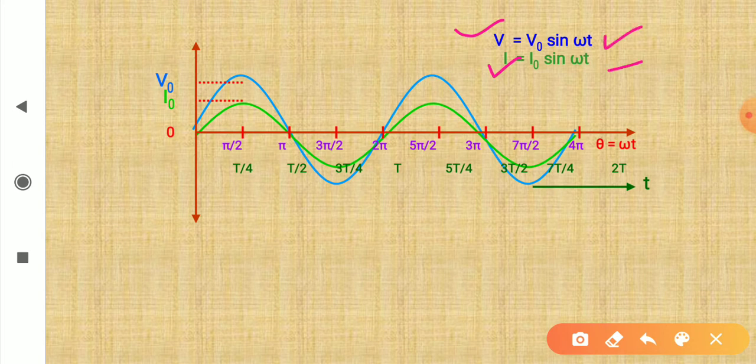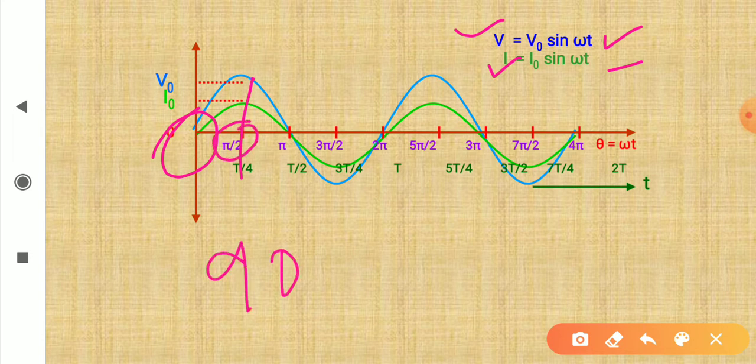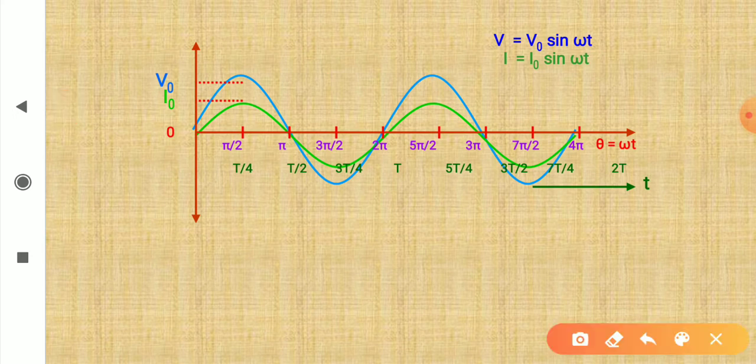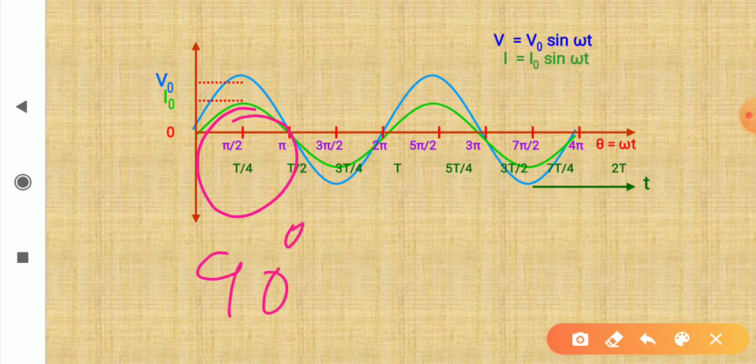And when this V becomes maximum at pi by 2, 90 degree, as you have seen, then the voltage and current become maximum together. And if you have a second look here at this point, see the angle through which it is rotated is 90 degree, which is pi by 2, and it is 1/4 of rotation.